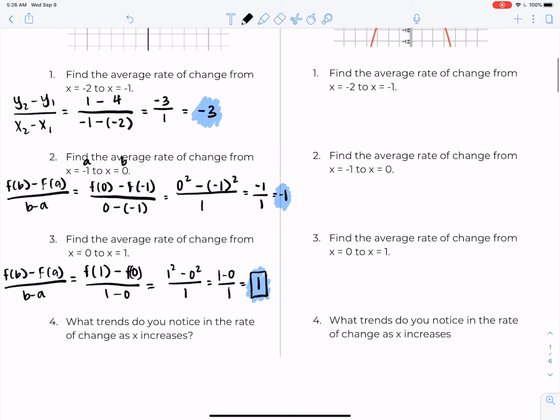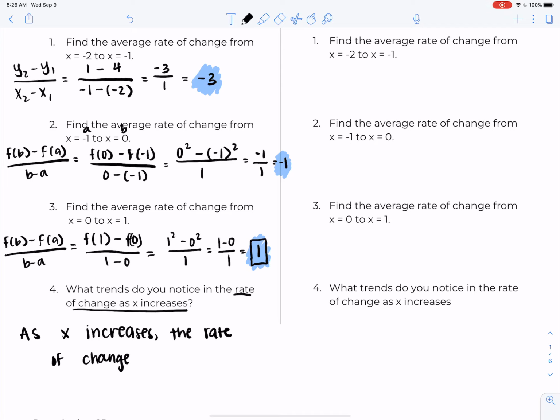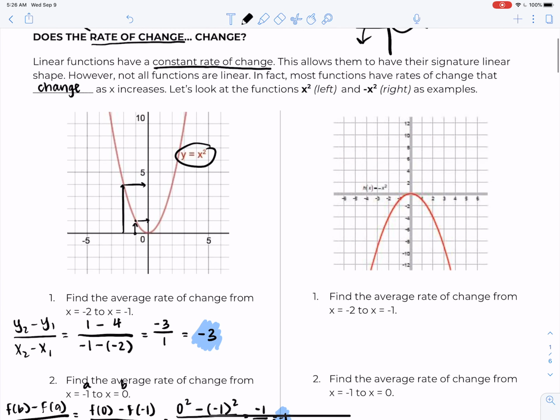What trends do you notice in the rate of change as x increases? Well, I'm seeing that as x is increasing here, the rate of change is also increasing. So as x increases, the rate of change increases. It goes from negative to positive. And so that's what we're seeing happening here.